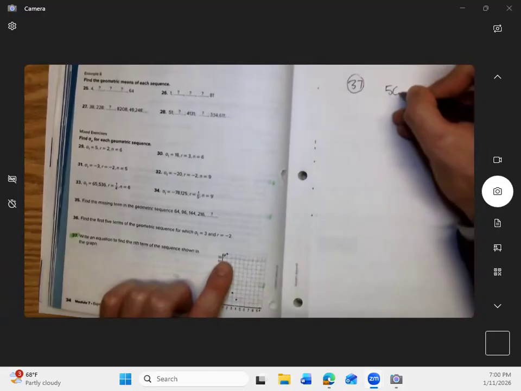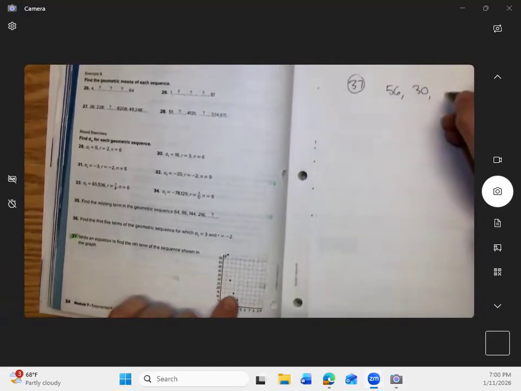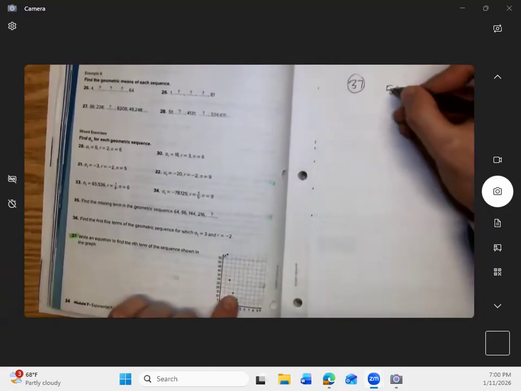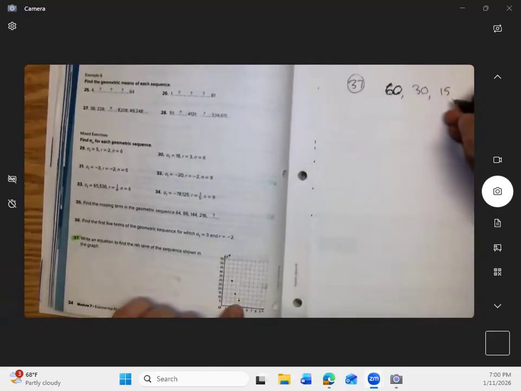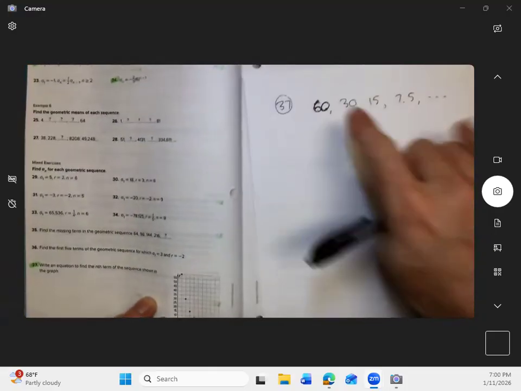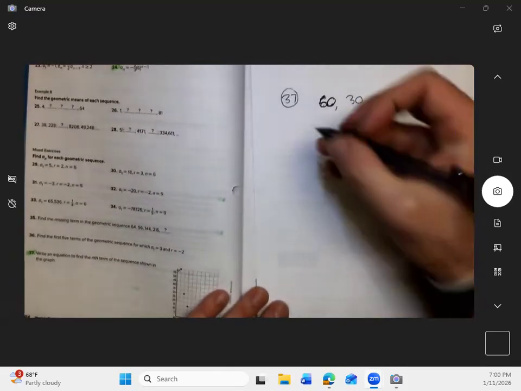So it starts at 56, then it jumps down to 30, then that jumps down to 15. Something's off. Sorry, I don't know why I said 56. This is 60. There you go. That looks better. Right. 60, 30, 15, 7.5, dot, dot, dot. Okay. And these are shown on the graph. Right?